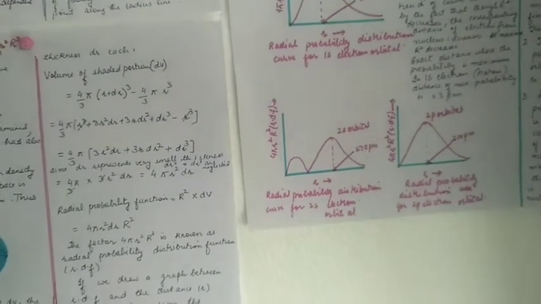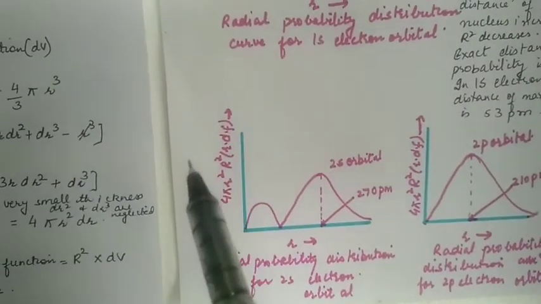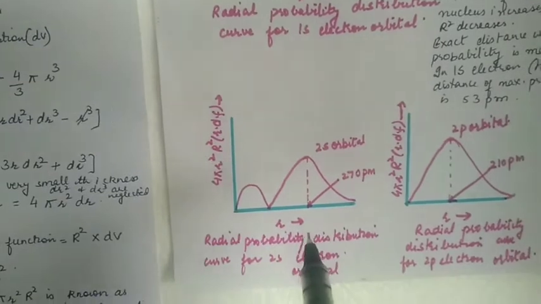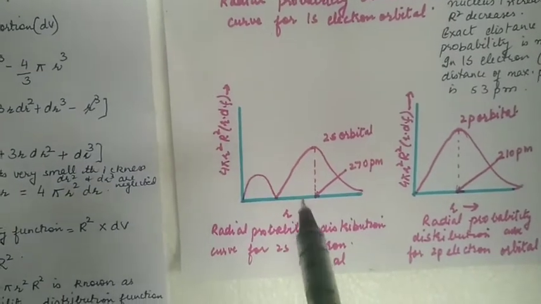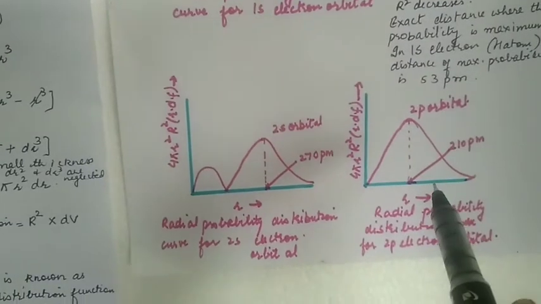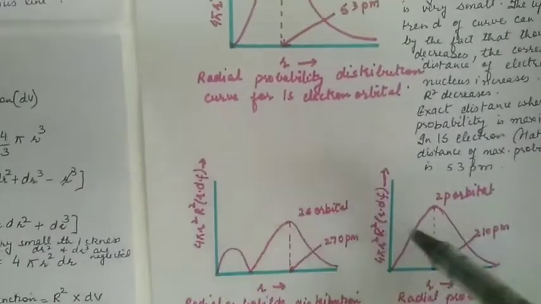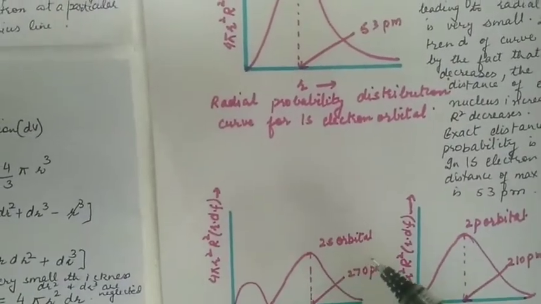Now these are the plots for probability distribution function versus r for 2s orbital and for 2p orbitals. So comparison of radial probability distribution curves among the three.